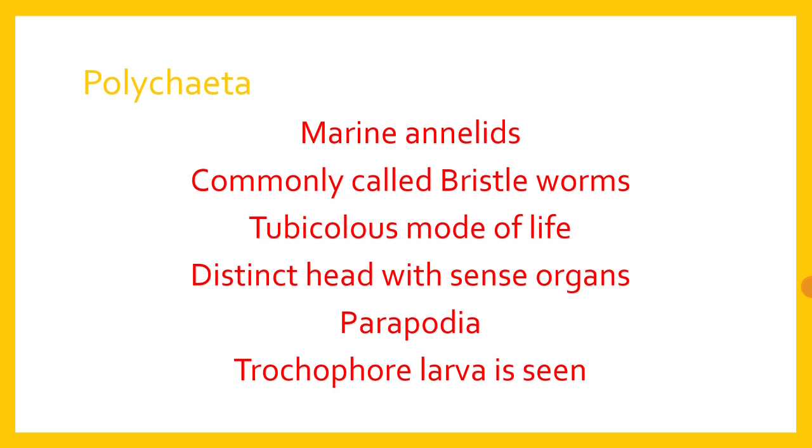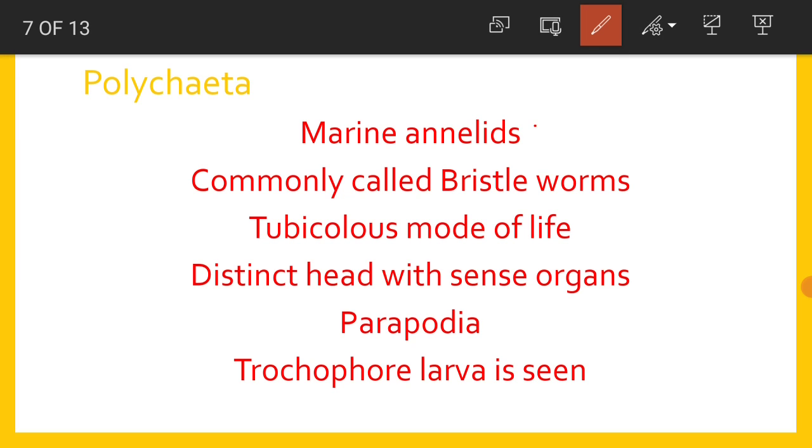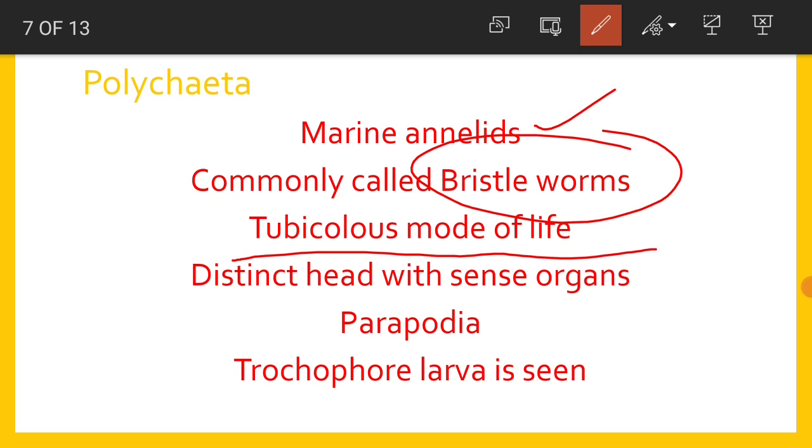Now let us list out the characteristic features of polychaetes. These polychaetes are marine annelids, commonly called bristle worms, and these are tubicolous in nature. That means they are present in the burrows which are tube-like. Distinct head with sense organs is present. This formation of distinct head is called cephalization, and this specialization is very conspicuous in polychaeta, but this is not conspicuous in oligochaeta, of course.